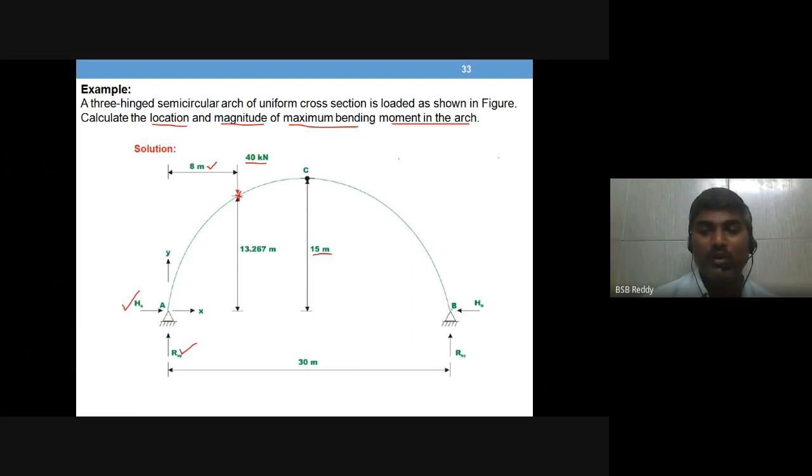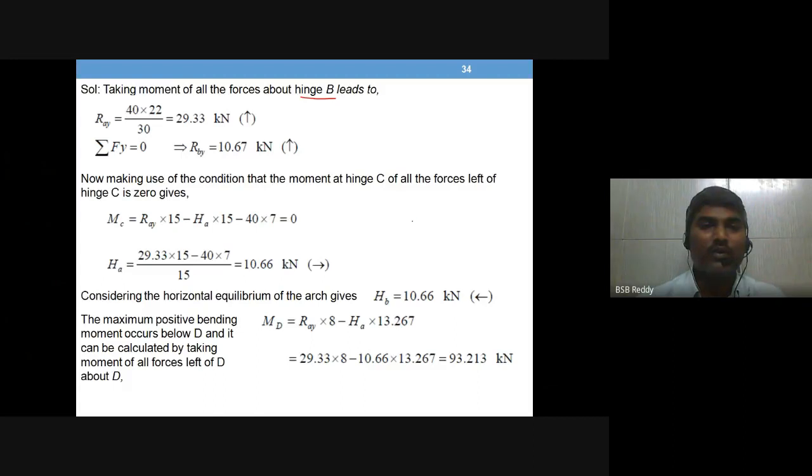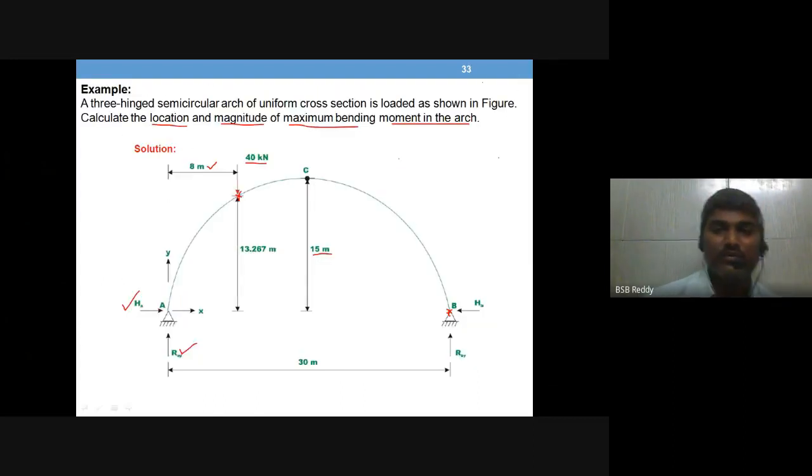So you are now taking moments about B. Okay, so what do you write now? So what you are writing is sigma MB is equal to 0. Sum of all moments about point B is equal to 0. So what loads do you have? RAY into 30.